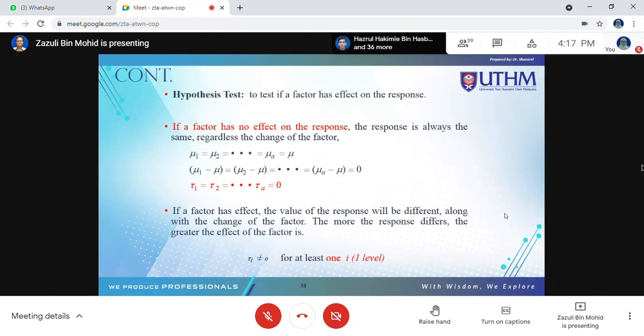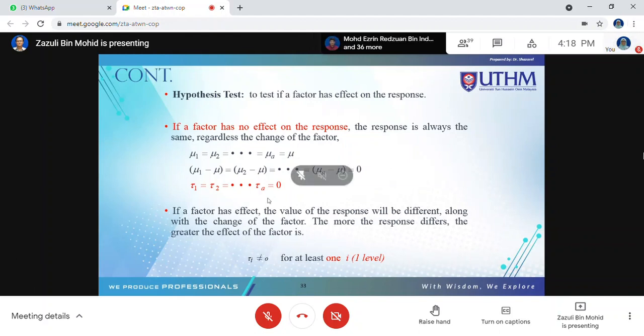So if the factor has no effect on the responses, the response is always the same regardless of the change of the factors. So we have calculated the value of tau, tau1, tau2, and so on. If you have three factors, three levels, okay, that means you will have three different tau values.